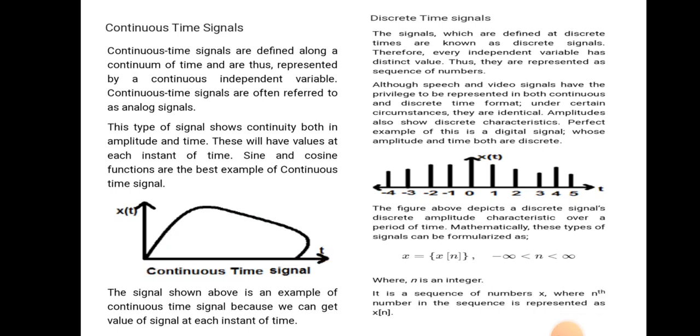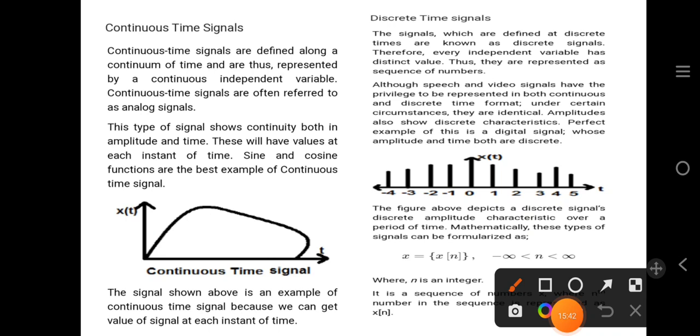Opposite to that there is the discrete time signal. So what is a discrete time signal? The signals which are defined at discrete times are known as discrete signals. Therefore, every independent variable has a distinct value. Thus, they are represented as a sequence of numbers. Why is it called a discrete time signal? Because the signal is not continuous.